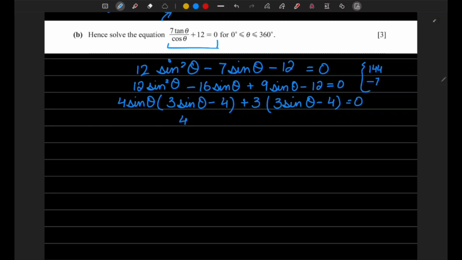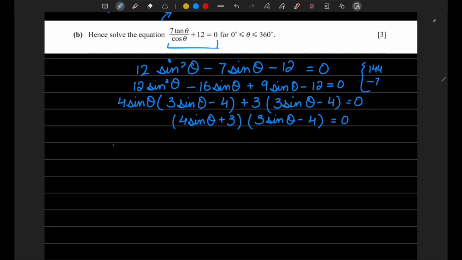So we get 4 sine theta plus 3 times 3 sine theta minus 4. These are your two factors.